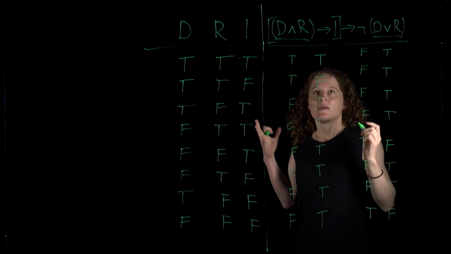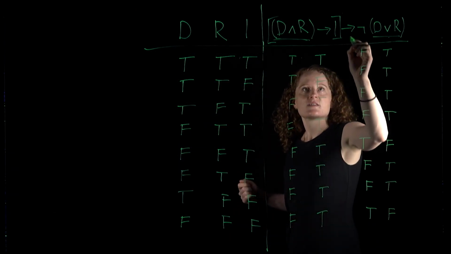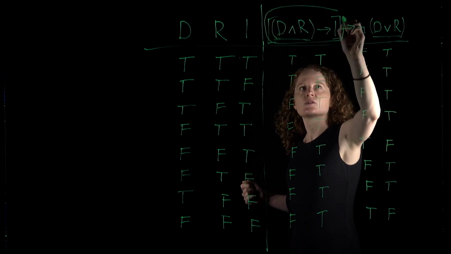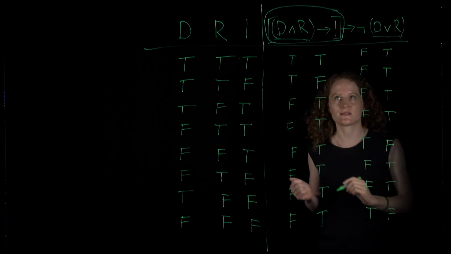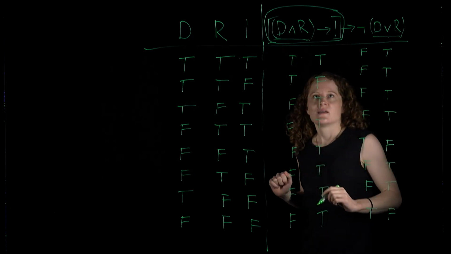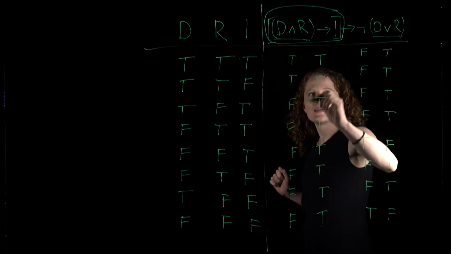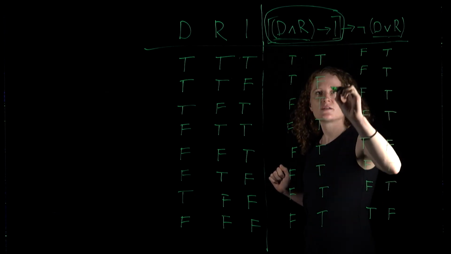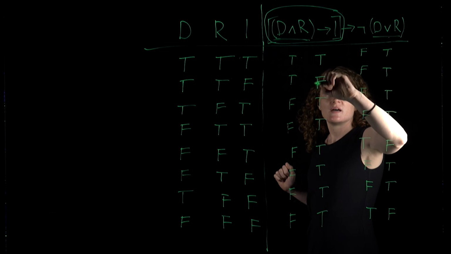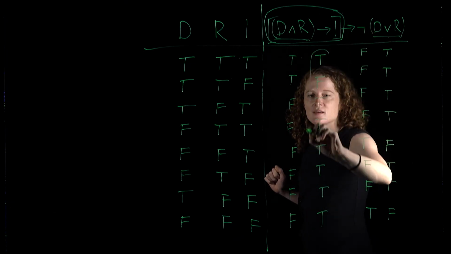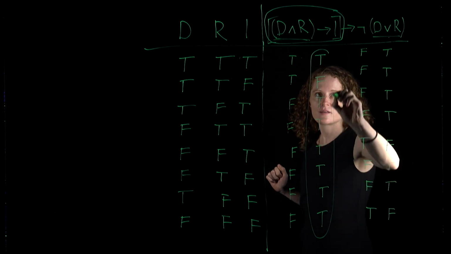Okay, the antecedent of this conditional is this whole big sentence here, which is itself a conditional sentence. And we know that the main connective of this sentence is the first conditional sign. So that means that in order to determine the truth value, or the valuation, under the second conditional, I need to look at this column here under the first conditional.